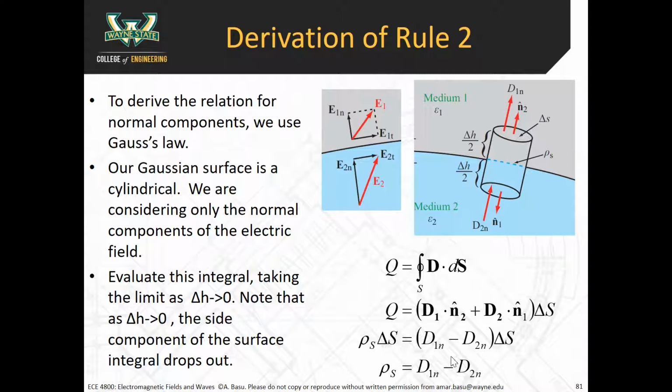Gauss's law says that this is equal to, what is Gauss's law? E dot ds equals what? E times surface area equals Q over epsilon. Q over epsilon, that's correct.